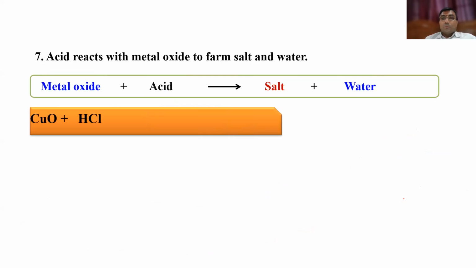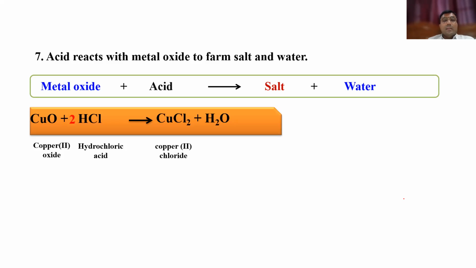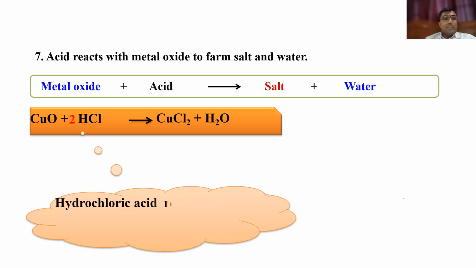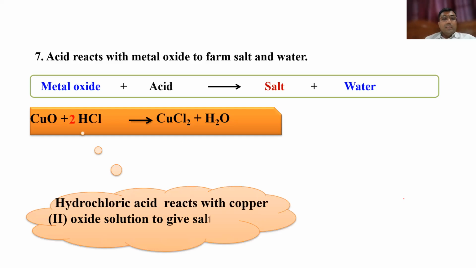CuO, cupric oxide, plus HCl forms CuCl2 plus water. Copper 2 oxide is called cupric oxide. When you add HCl, you'll be getting copper chloride plus water. So hydrochloric acid reacts with an oxide and forms a salt and water. So it is a neutralization reaction. Anything which gives salt and water is a neutralization reaction.